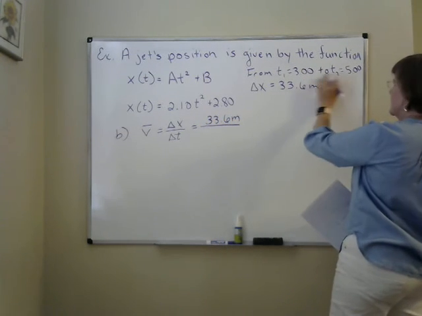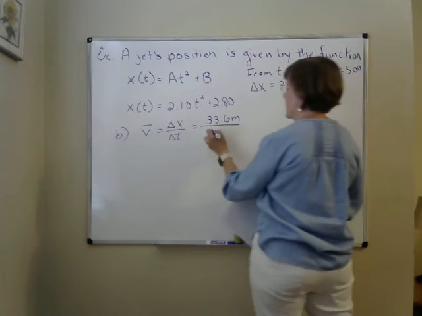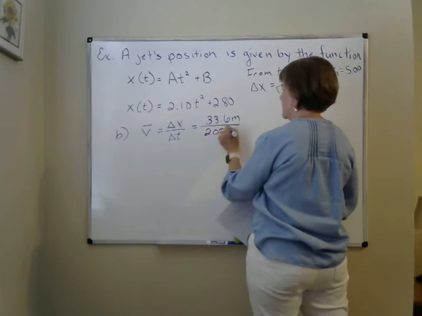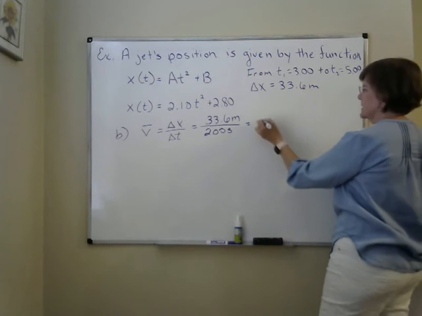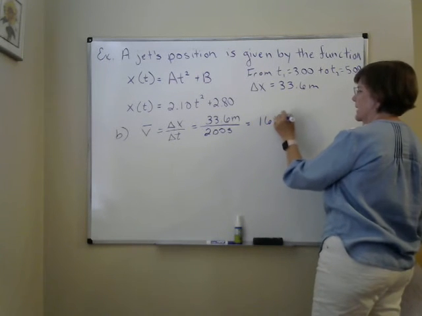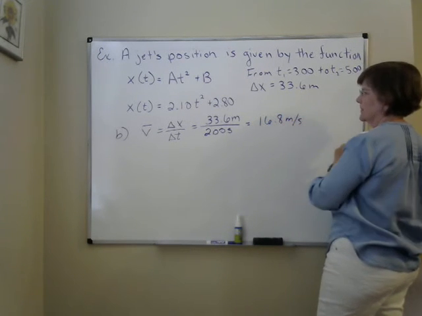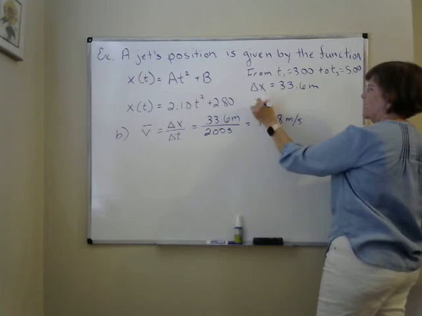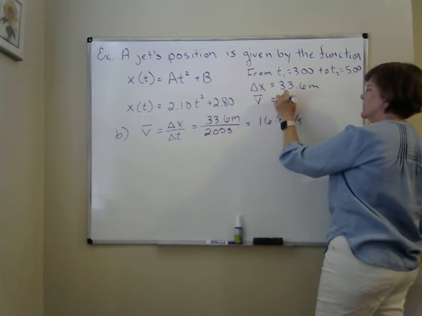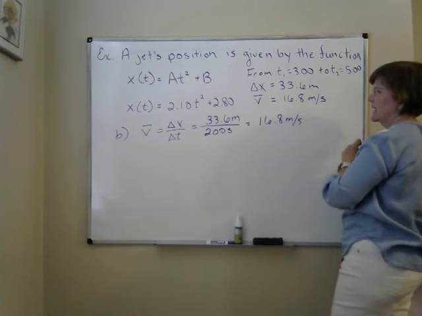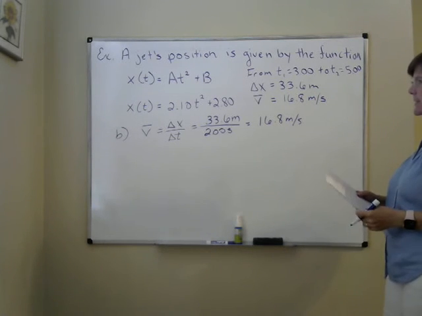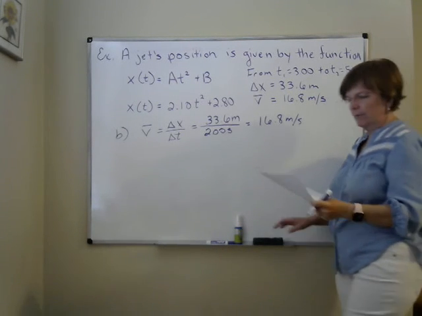From 3 seconds to 5 seconds, that's a time interval of 2 seconds. So our average velocity is 16.8 meters per second. Average velocity, 16.8 meters per second. Displacement divided by the time interval.